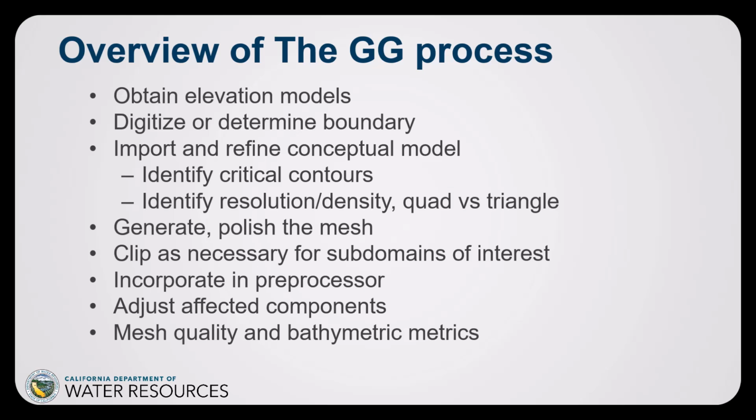You incorporate the finished mesh into the preprocessor, and that'll allow you to adjust affected components like the placement of hydraulic structures or boundaries, flow requests, etc. And that will also give you some indicators of mesh quality, and in particular, if you've accidentally generated very tiny elements that will hurt model performance. By the way, when I speak of the preprocessor, I'm talking about the Skimpy toolkit that's part of the Bay Delta Schism project and documented elsewhere.